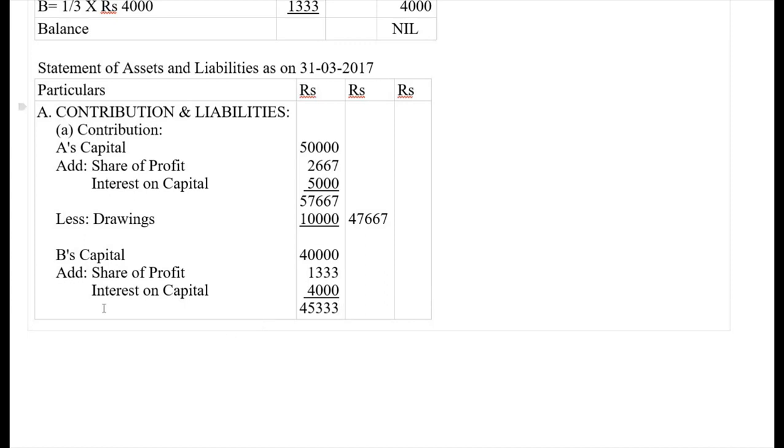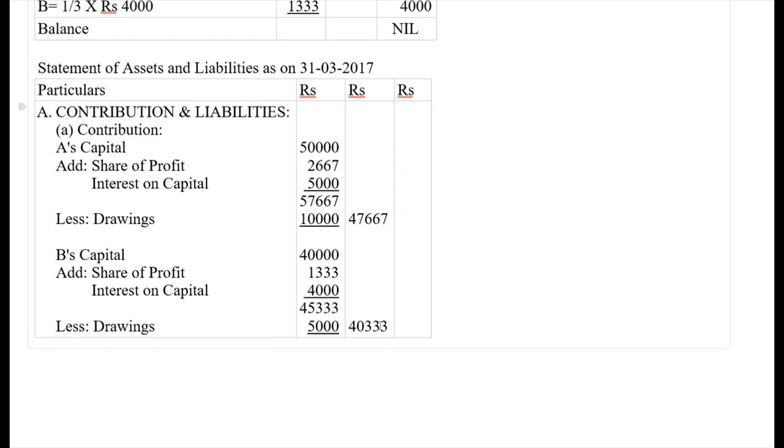Then we should subtract here less drawings. The drawings are given as rupees 5,000 here. So let us take the sum of this. So it comes to 40,333.